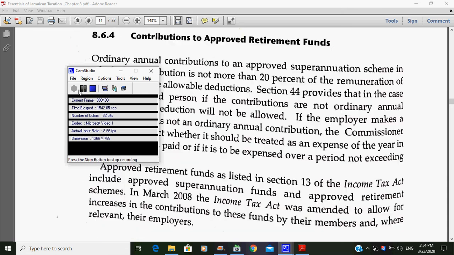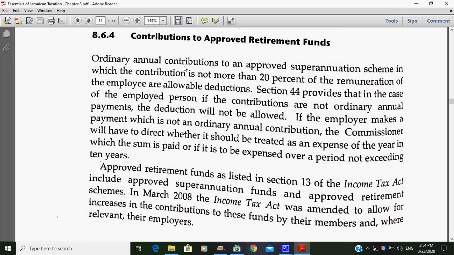As we continue, contributions to approved retirement funds. Ordinary annual contributions to an approved superannuation scheme, in which the contribution is not more than 20% of the remuneration of the employee, are allowable deductions.